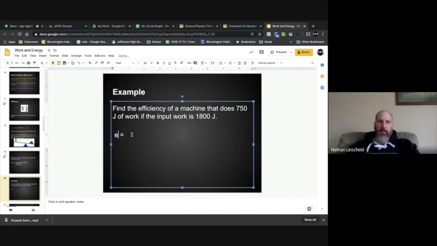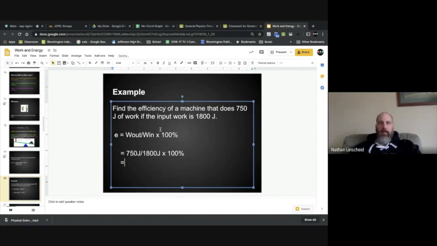Efficiency equals work out divided by work in times 100%. That will equal 750 joules of work out divided by the input work of 1800 joules times 100%.